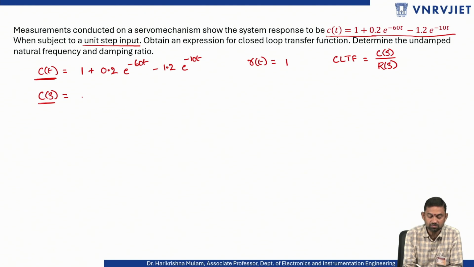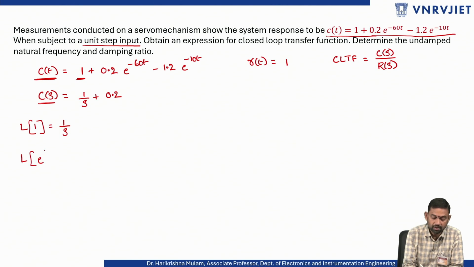Just take the Laplace transform. We know that the Laplace transform of 1 is equal to 1 by S, plus 0.2 is a constant. The Laplace transform of e power minus at is equal to 1 by S plus a.